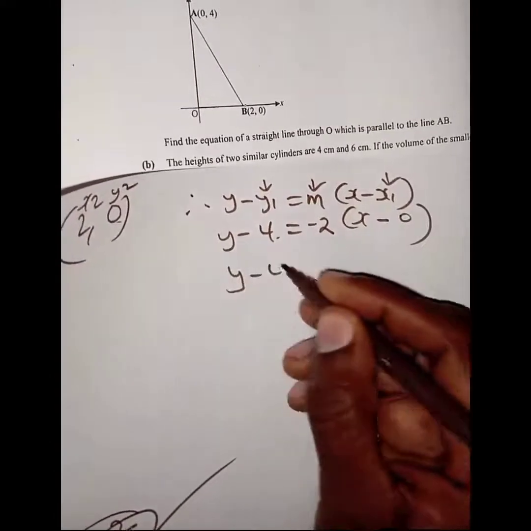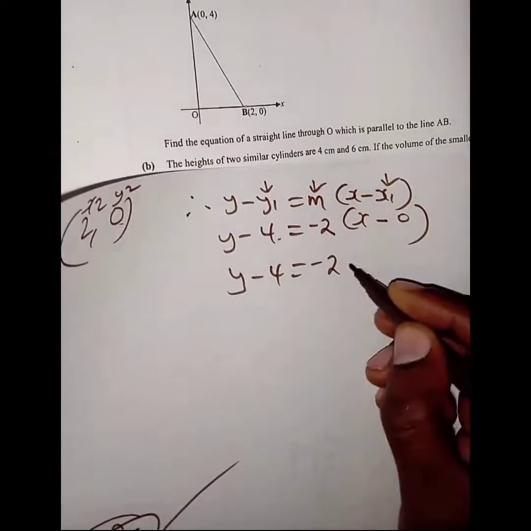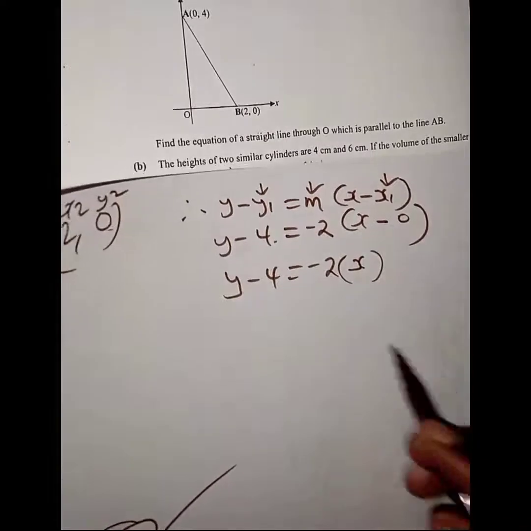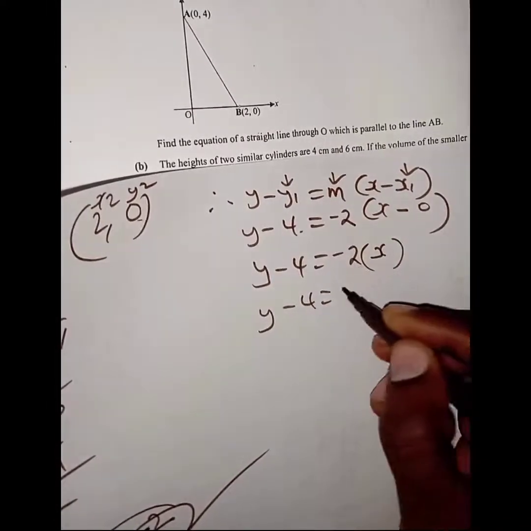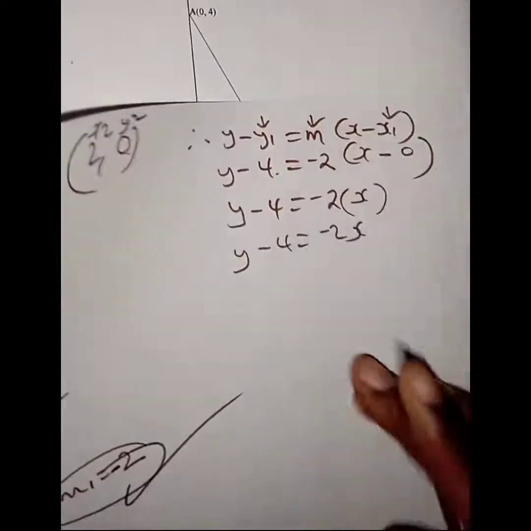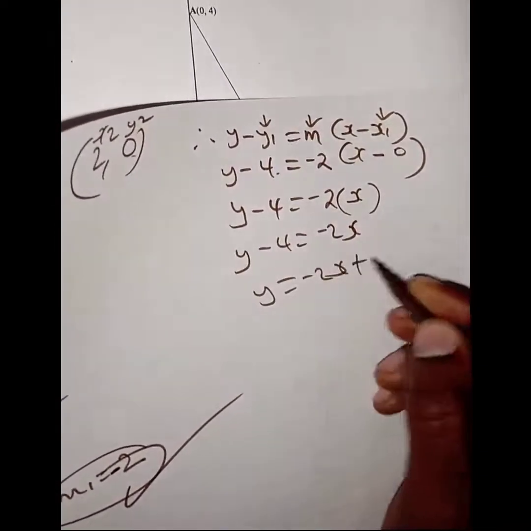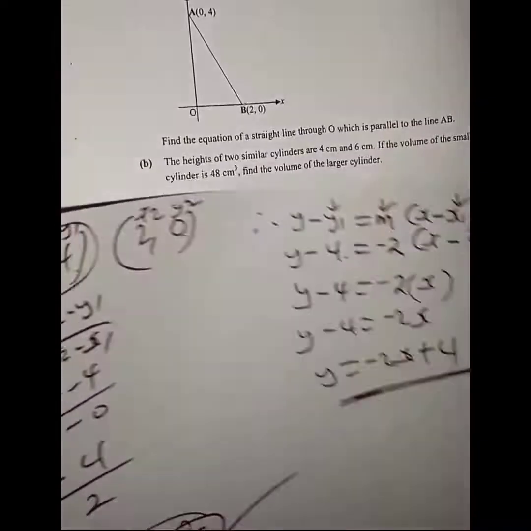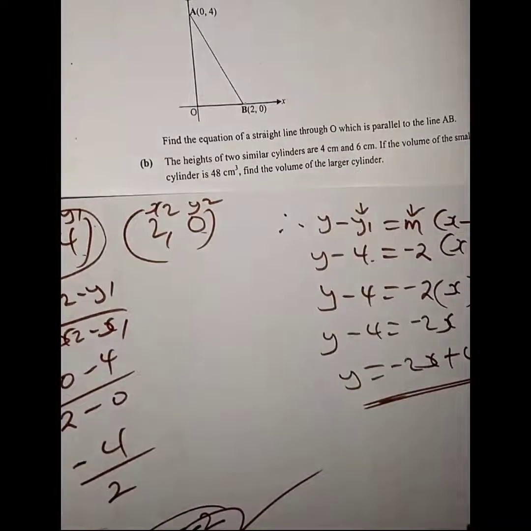So y minus 4 is equal to negative 2 times x minus 0, and x minus 0 is just x. Nothing will change. So negative 2 times x is negative 2x. Negative 4 must cross to become positive 4. y = -2x + 4. This is the equation of the straight line which will be parallel to line AB.